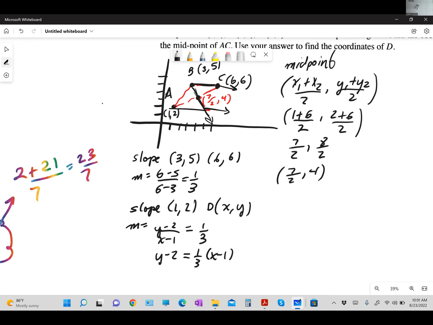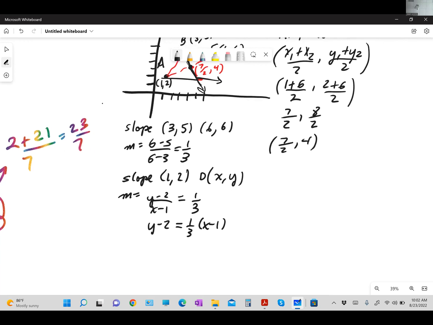And I think I can do a line for this one too. And where they intersect, if I do a line for this guy and a line for this guy, where they cross, wouldn't that be the missing D?